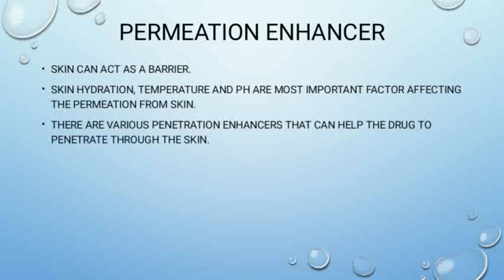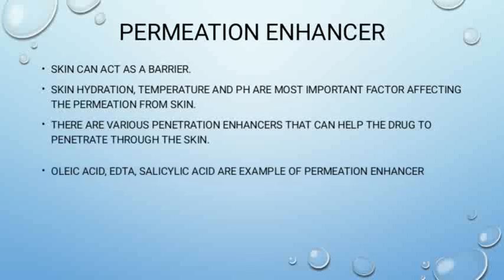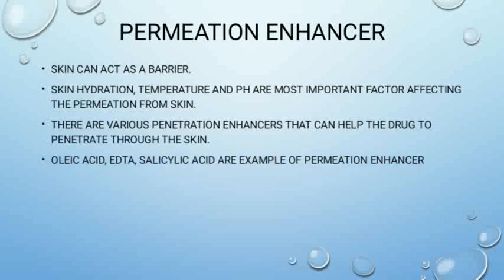There are various permeation enhancers that can help the drug to penetrate through the skin. Examples of such permeation or penetration enhancers are, first one, oleic acid, EDTA, salicylic acid, etc.